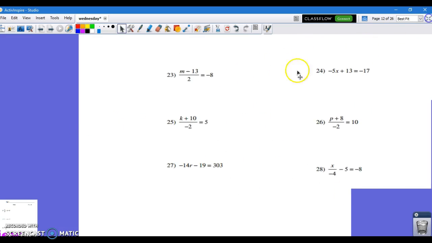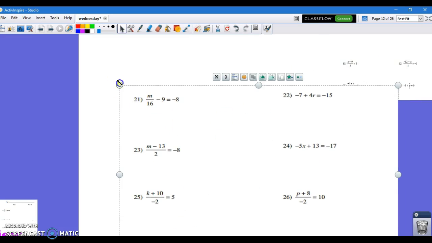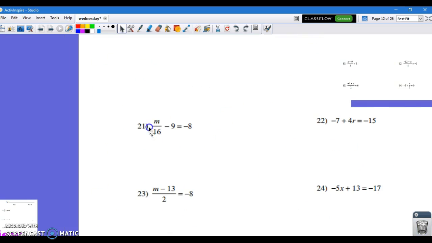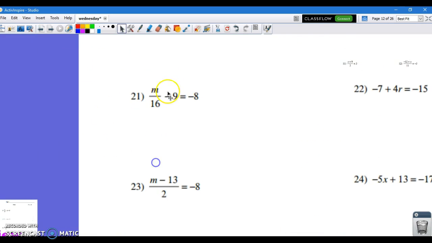21. There we go. So now, this side is street and that side is street. Remember, your job is to get M by itself. This is a normal fraction. This is not a junk in a trunk fraction. This is a junk in a trunk fraction.